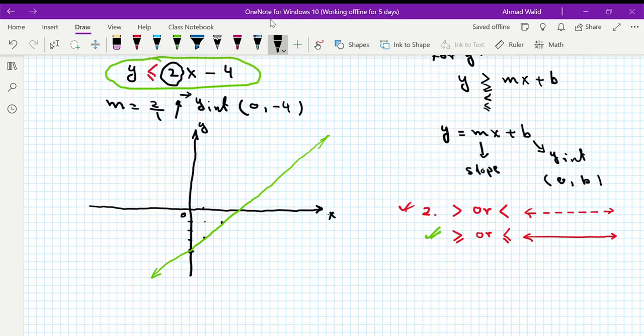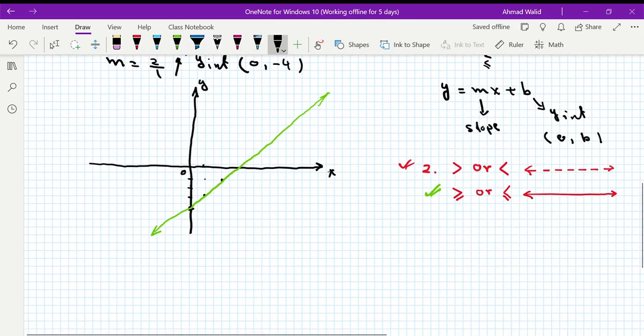Now, which ordered pair satisfies this linear inequality? In your book, they explain a method. I'll do it like this, but later, after doing that, I'll give you an easy technique to make your life easier for choosing which side of the graph to shade. Pick up a test point. It's mentioned in your book.